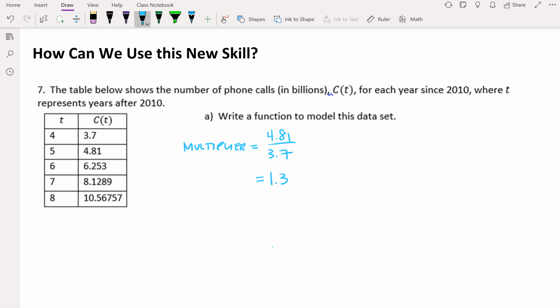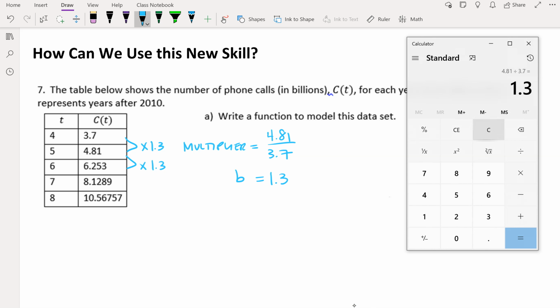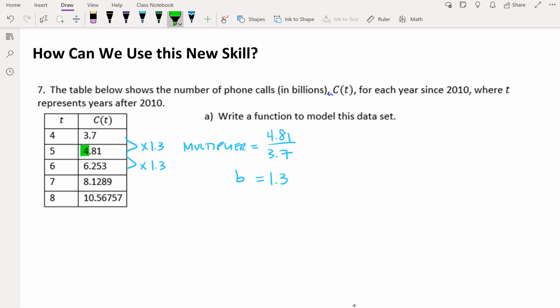Now, how do I check that this actually is working? What I'm going to do is multiply by 1.3 to make sure that I get the right number as I go down my table. So let's do that. We could start with 3.7. So 3.7 times 1.3 equals 4.81. We got 4.81.